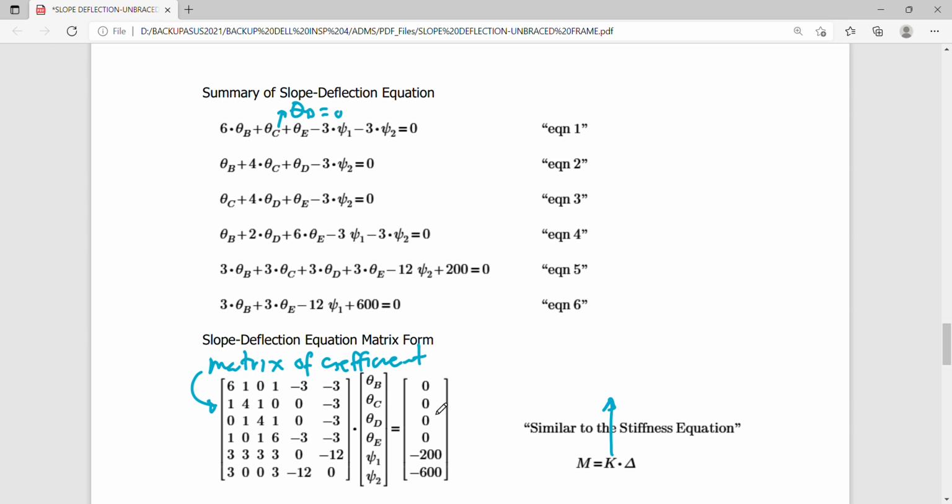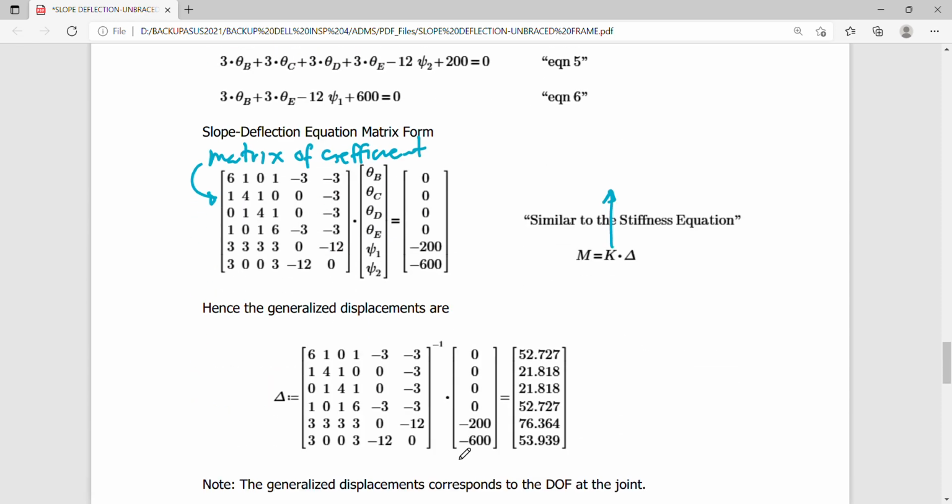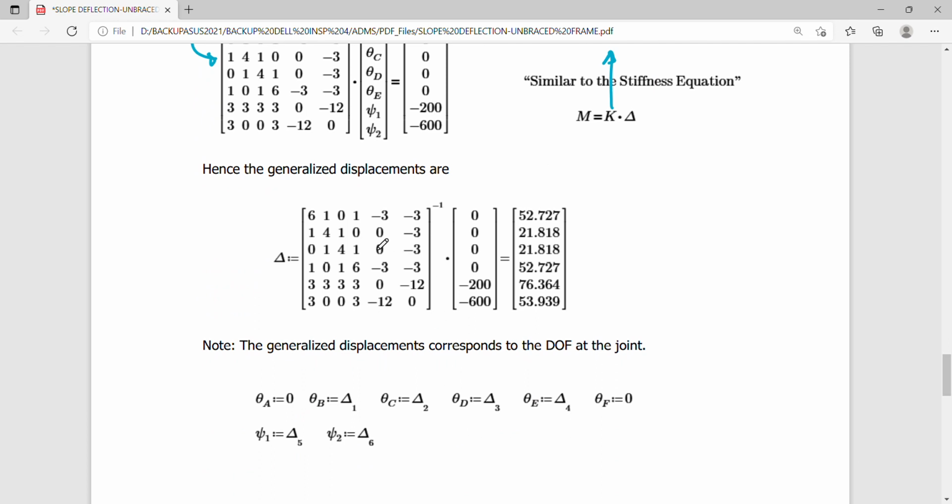Okay, and then equate it to your value of constants, which becomes negative when you put it on the other side. So this becomes negative 200 and negative 600. Using a MathCAD inversion and multiplication, you get this as your displacement.